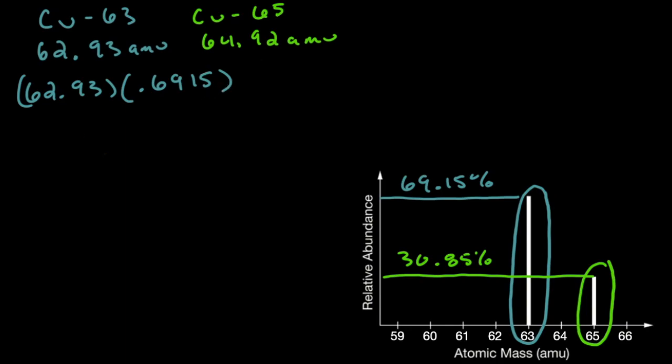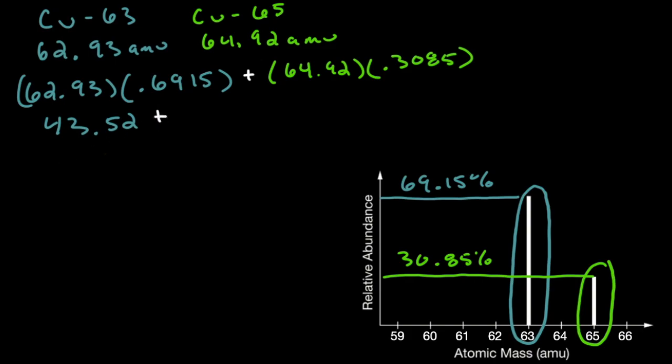Then we'll add that to the other one, which is 64.92 times this number in decimal form, 0.3085. For that, let's see, we get 43.52, and we add that to the other one, which would be 20.03.